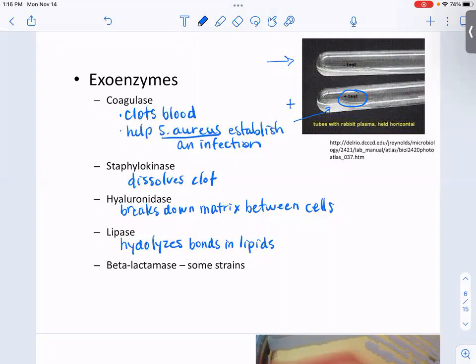Okay. And then lastly, some strains can make beta-lactamase. Remember, that's an enzyme that alters the beta-lactam ring of some antibiotics, of beta-lactam antibiotics. Okay, and helps them be resistant to some commonly used antibiotics.